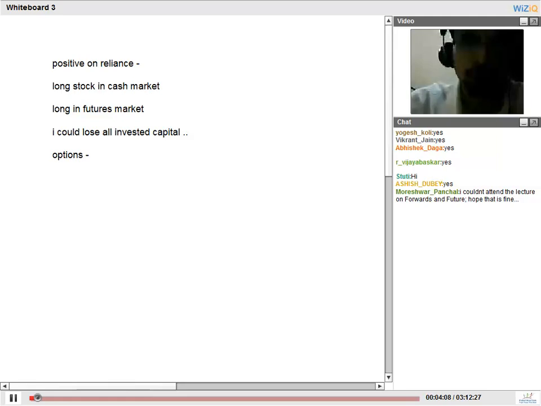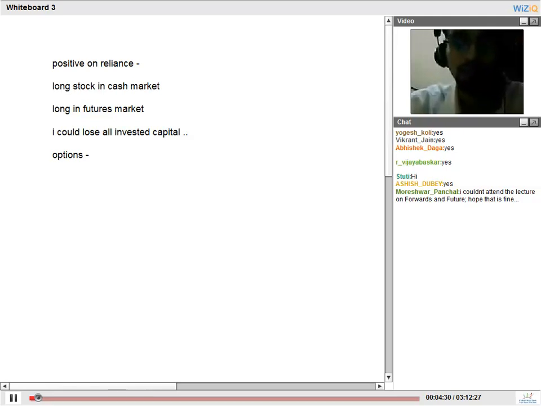An option entitles you to purchase or sell an asset, as we'll see with the different types, at a pre-decided price, but not the obligation. So it gives you the option to purchase or sell the asset at the pre-decided price. However, it's just an option for you. It is not an obligation.